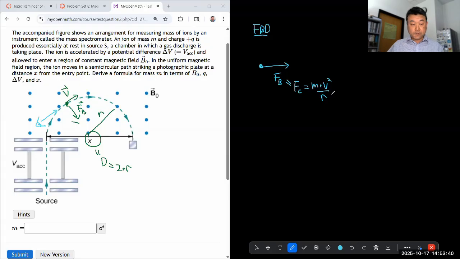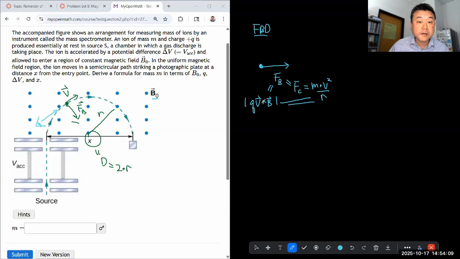I have a formula for magnetic force from the chapter, equal to the magnitude q v cross B. Everything's arranged so that v is in the plane of the screen and B is perpendicular to it, so this cross product just gives the product of the magnitudes, no sine theta to worry about.